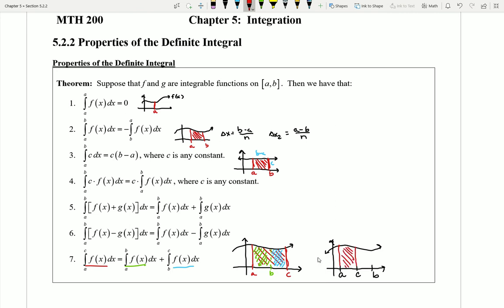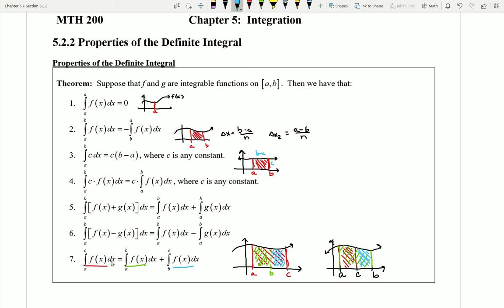Notice that my red area from A to C is still going to be equal to my green area from A to B, which is obviously a much larger area, but then add on the area from B to C. Well, notice B to C is requiring me to go in a backwards direction, which makes property 2 kick in, which means that the area from B to C in this backwards direction will be considered negative. It's almost like I'm taking that green area and I'm subtracting the blue space. And of course, that leaves me with the red space.